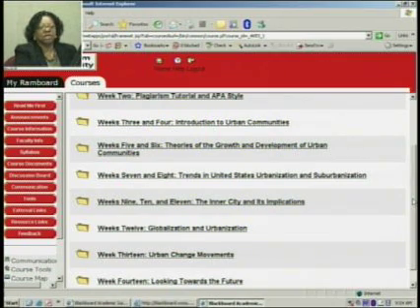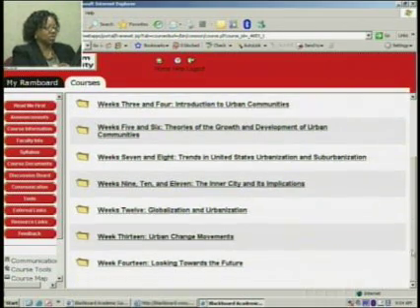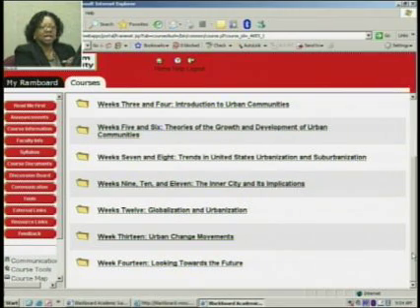Then we'll go into the implications of inner city living, and that's the more micro level implications of inner city living. Then we'll go to globalization and urbanization and talk about some of the megacities worldwide. Megacities are those cities that have 20 million or more residents. And then we'll talk about urban change movements. Then we'll look towards the future. What is the future of cities? And that's the course. 14 weeks to 16-week course.